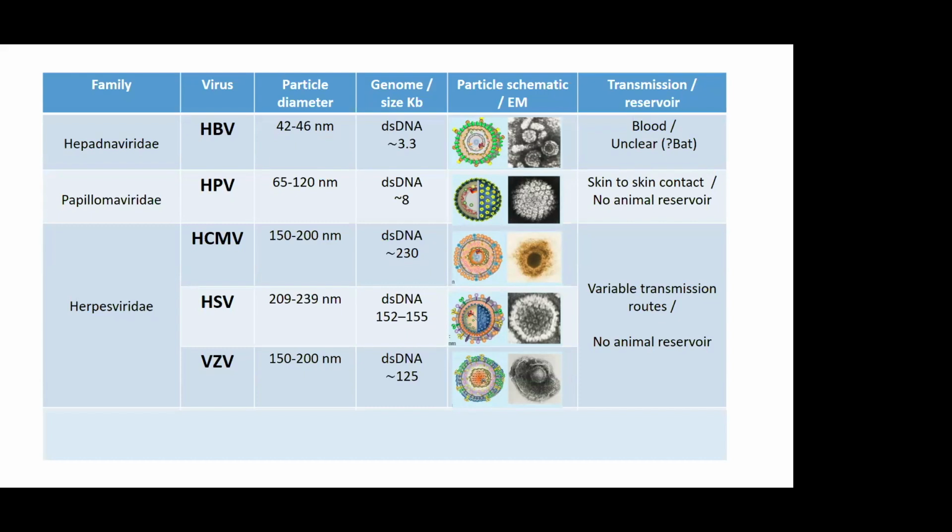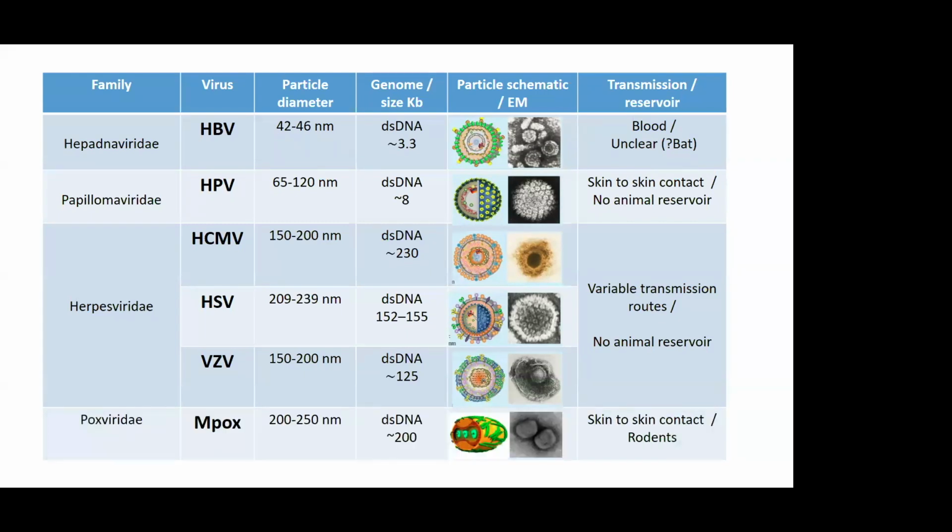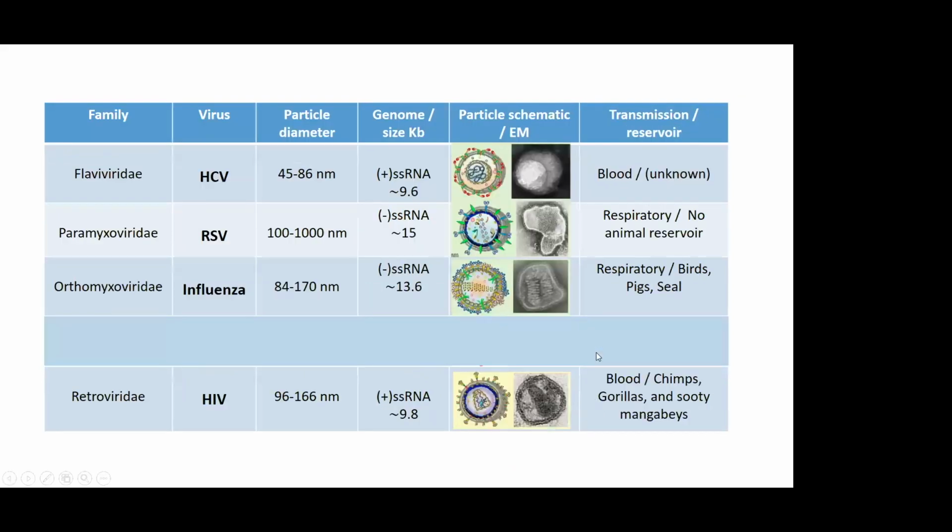There are ones that are missing. Adenovirus is missing there, very important. But we have got now the Poxviridae joining the club, with mpox as a member and smallpox, of course, having approved antivirals. The reservoir for the pox viruses, including mpox, in nature is rodents.